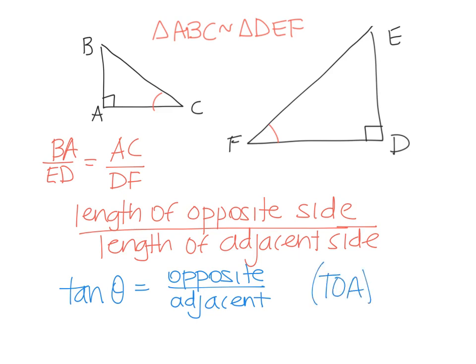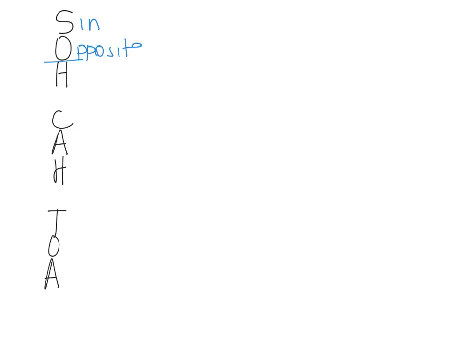All right, so let's write that whole mnemonic out. So I have SOHCAHTOA. So what this means is sine is opposite divided by hypotenuse.